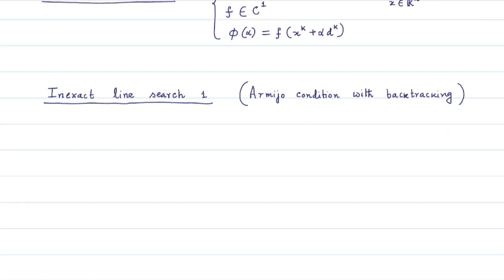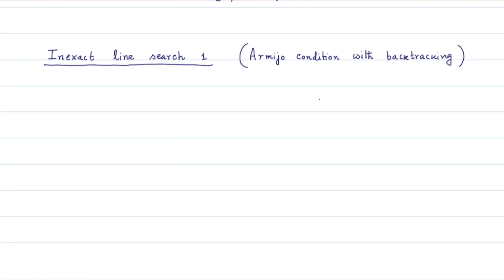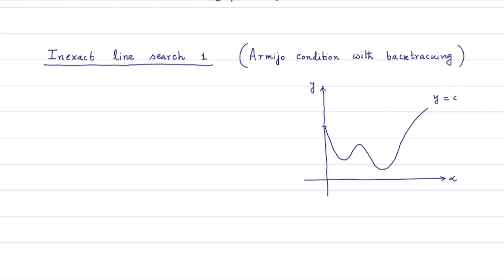What it suggests is the following: let us suppose the graph of the function phi on the plane of alpha and y is, say, this graph, y is equal to phi alpha.